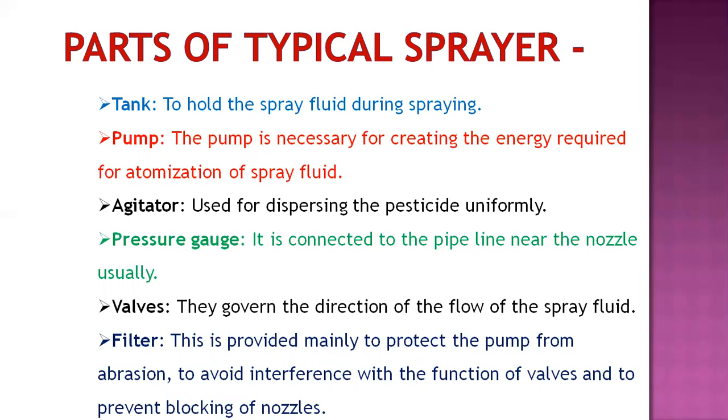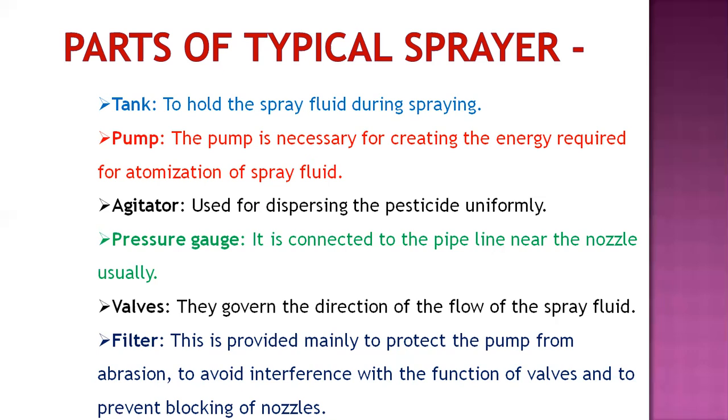Depending on whether pressure is directly applied to the liquid, sprayers are classified into hydraulic and pneumatic sprayers. In either case, the liquid is compressed and then forced out in front with some force. That is why the pump is necessary.